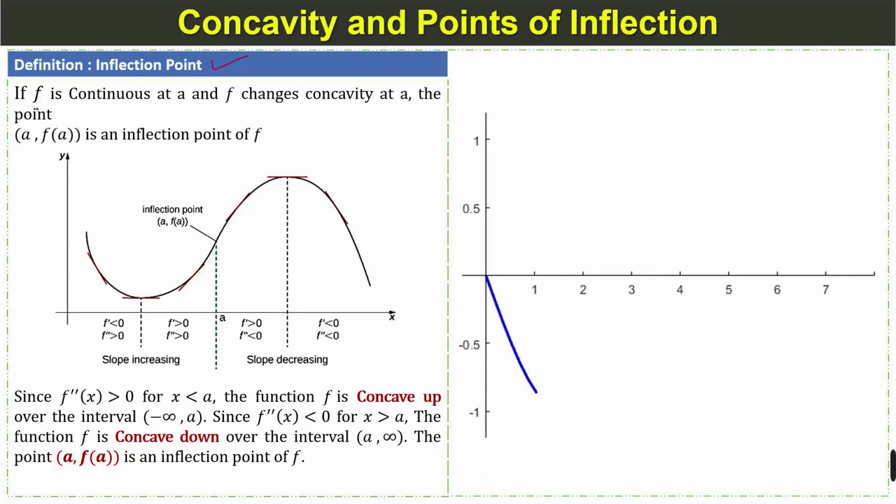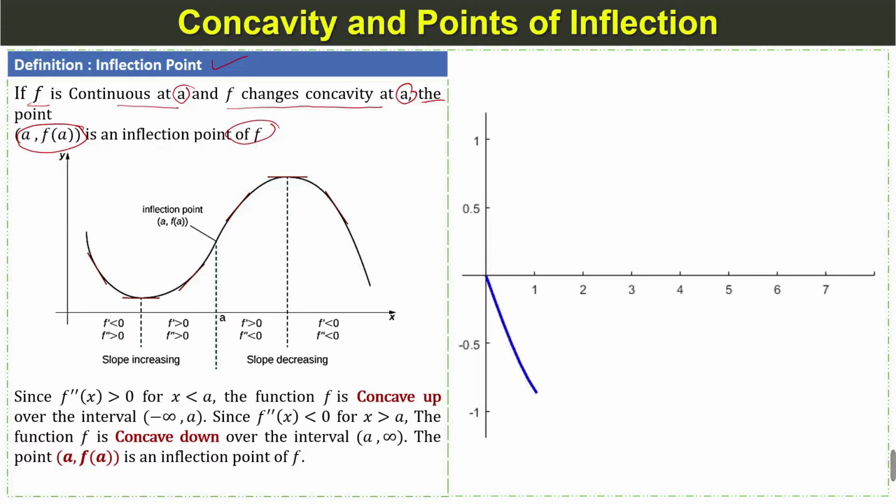Okay, so if the function f is continuous at a point a and the function changes its concavity at a, then this point is an inflection point of the function. So what is an inflection point?